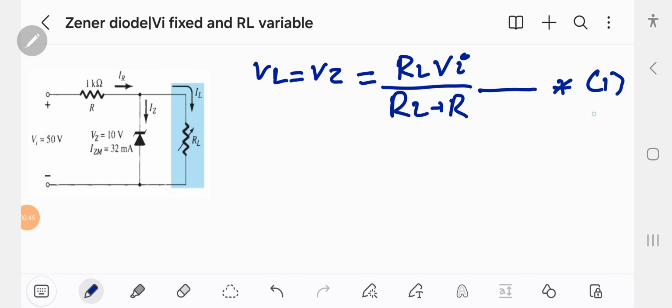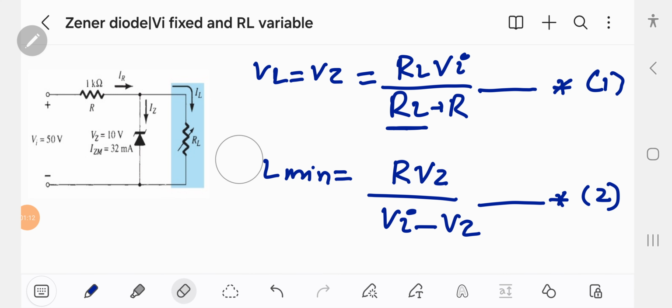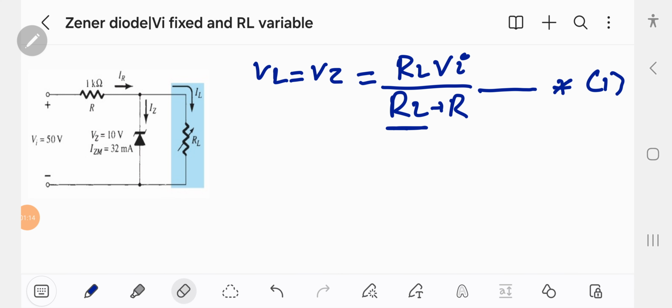So when we solve this equation for RL minimum, what we get? So RL minimum, this is equation second. So let's try to find equation second from this equation.